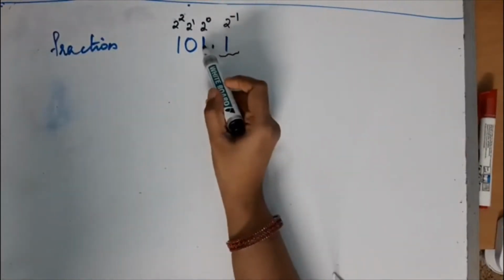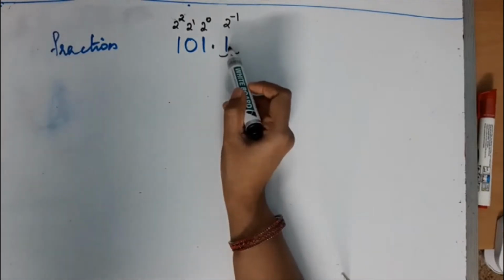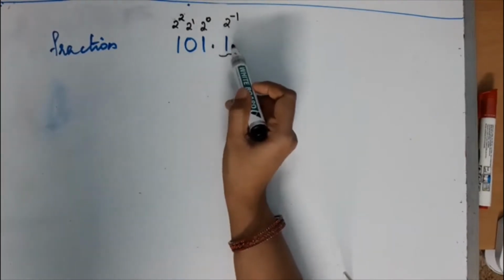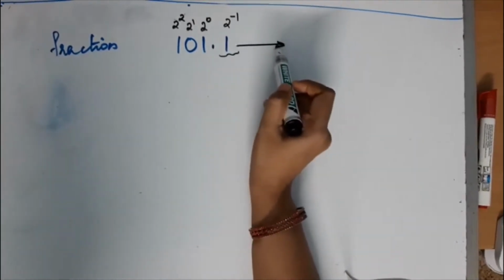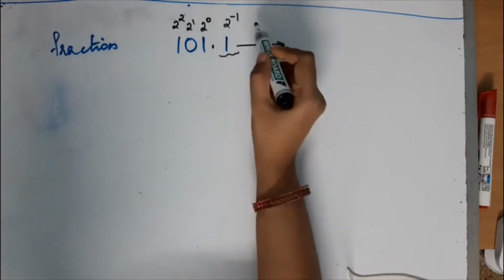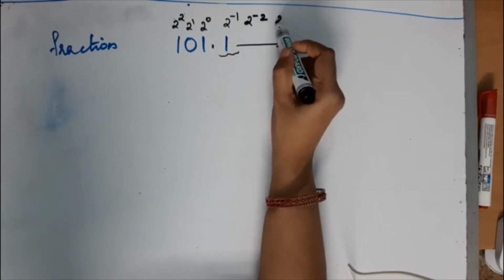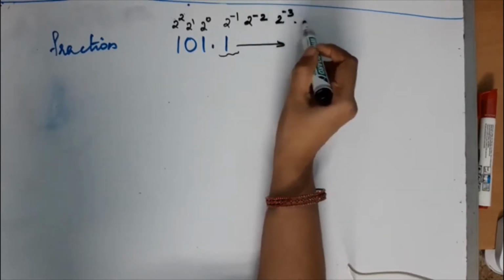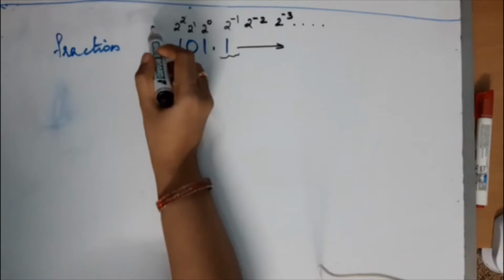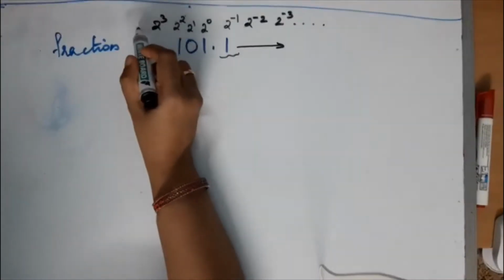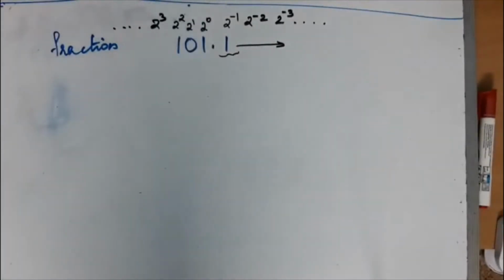Since this is 2 raised to 0, this should be 2 raised to minus 1. If there are any more bits here, the weights will be 2 raised to minus 2, 2 raised to minus 3, etc. And here it will be 2 raised to 3, 2 raised to 4, etc.